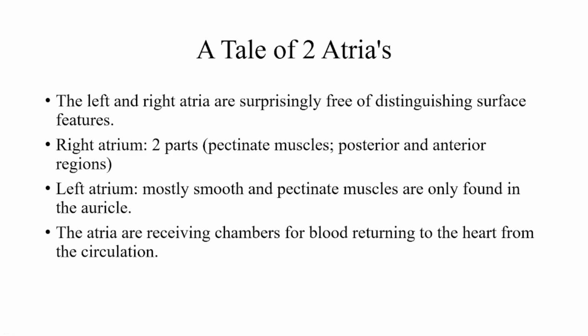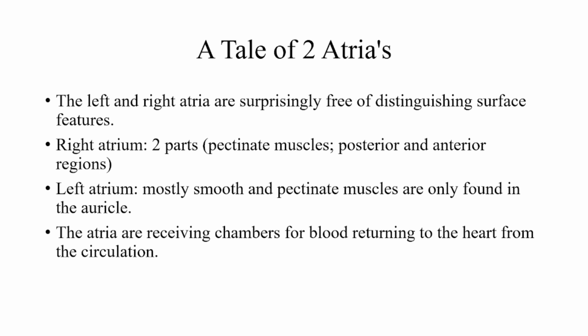All right, so now we're going to talk about a tale of two atria, if you will. The left and right atria are free of distinguishing surface features, surprisingly. The right atrium has 2 parts, or 2 pectinate muscles.